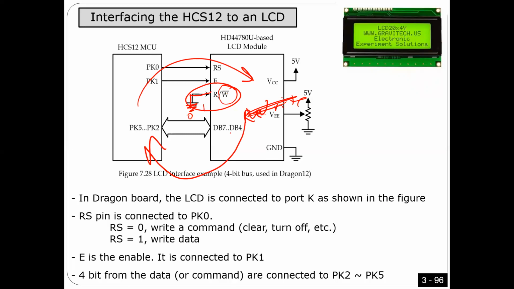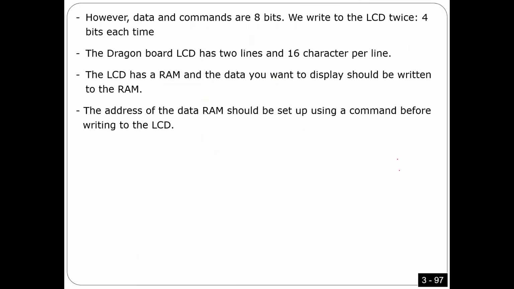So what I want to tell you here, guys, in our LCD, we're gonna only write. You cannot read from the internal memory here. That means if you wanna know what character you are displaying here, you cannot read it from the LCD.